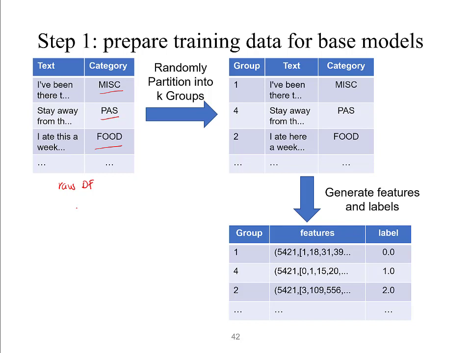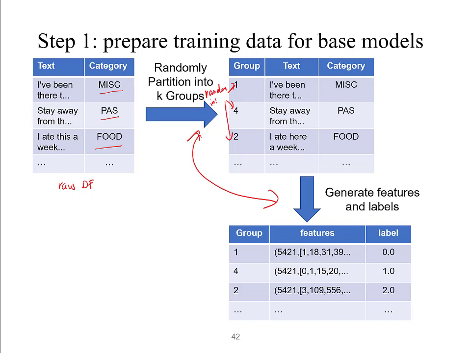So the first thing to do, actually you can switch the order of these two, it doesn't matter, but let's first partition the data into k different groups. In order to achieve that, we assign a random integer to each and every row. So these are 1, 4, 2.